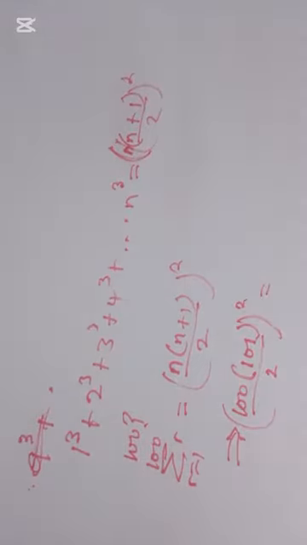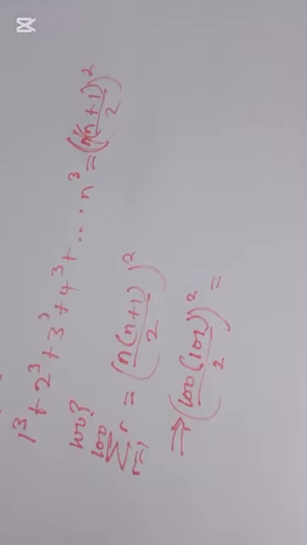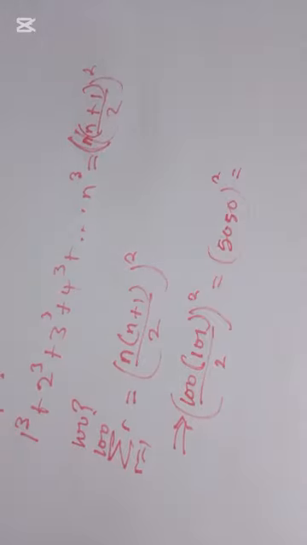If you can remember, the sum of the first 100 integers is 5050. So that means this is 5050 squared.